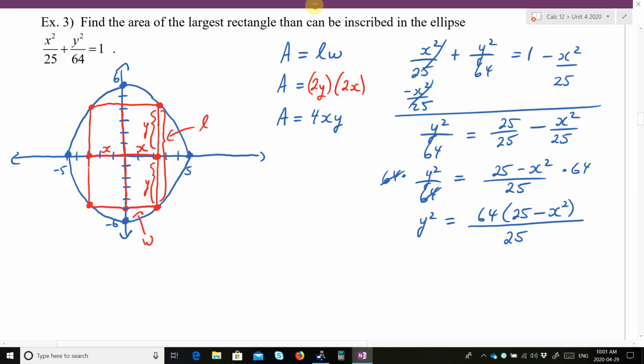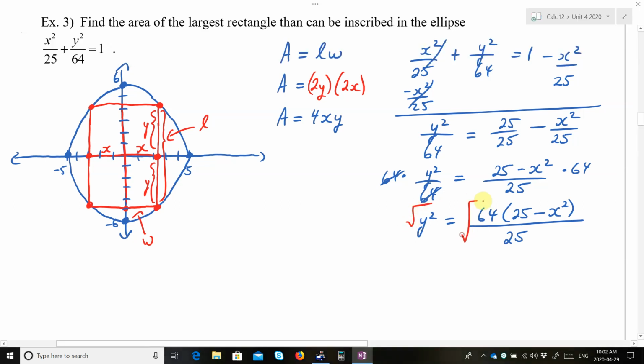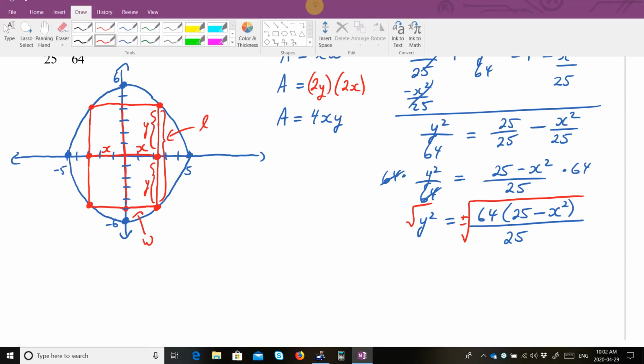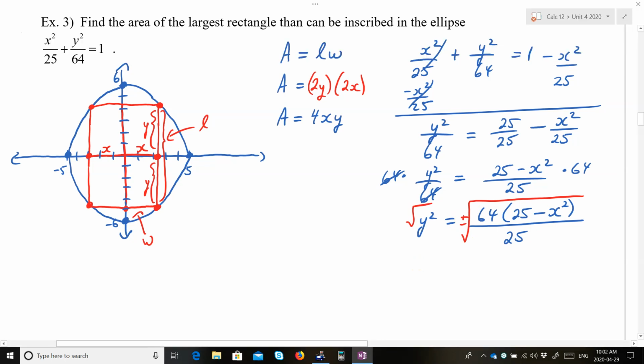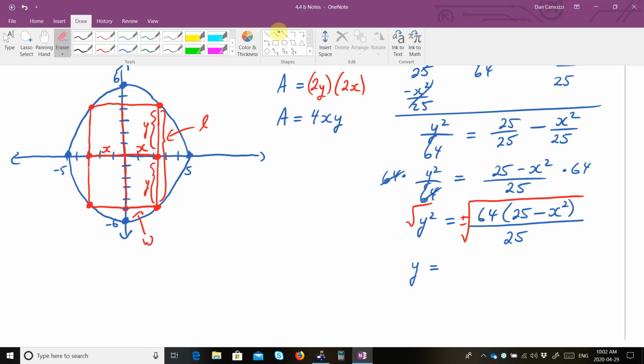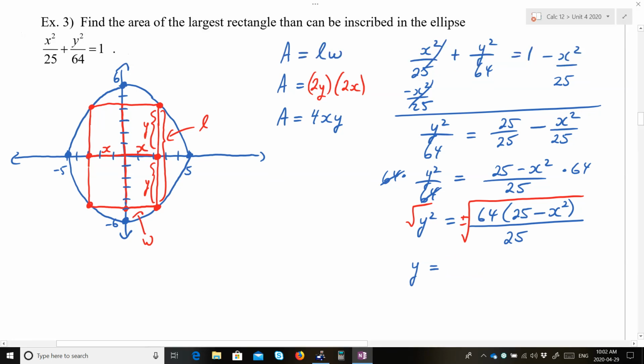Okay, and then mathematically, for y, we square root both sides, and it can be plus or minus. But we're actually going to take the positive y, right? Because we define our x as positive x to the right and then positive y up. So let's take the positive.